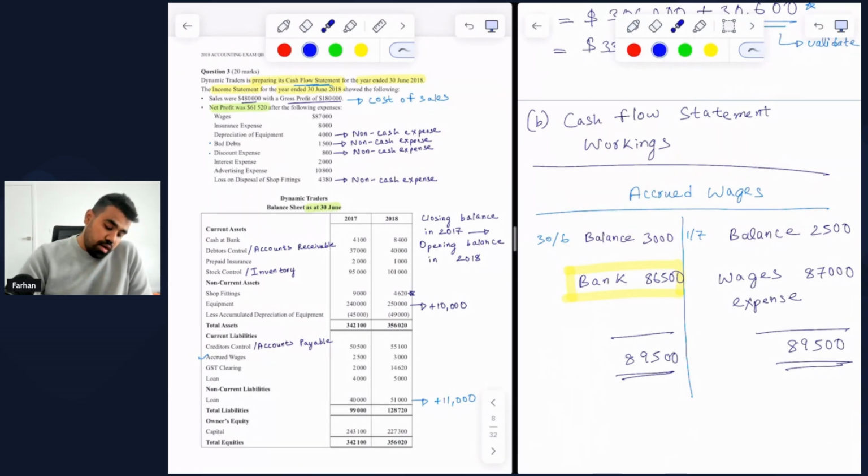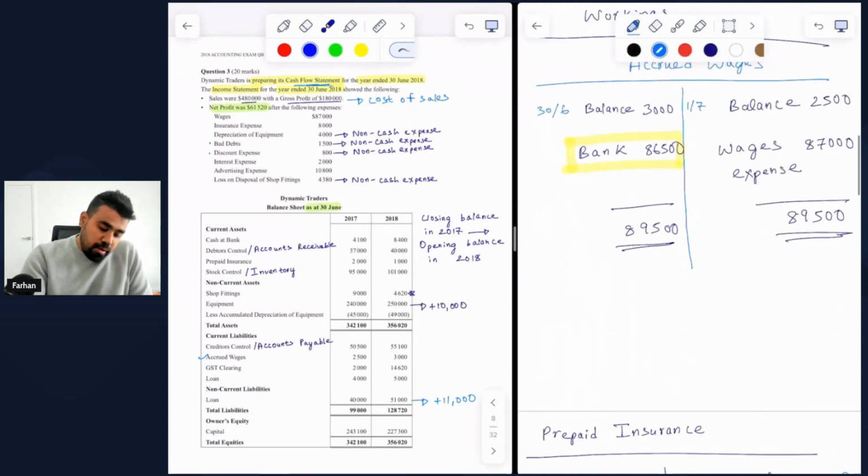So I also want to go through something else here. So we understand that accrued wages is a liability account. And if you have wages expense on the credit side of the liability account, how can we generalize this? So wages expense, $87,000 included on the credit side of the accrued wages.